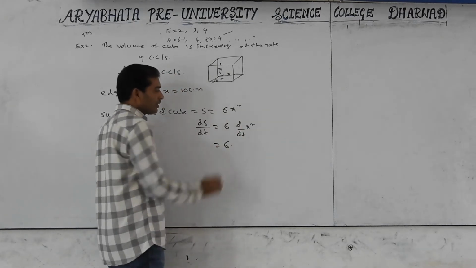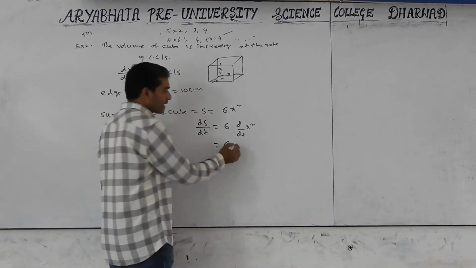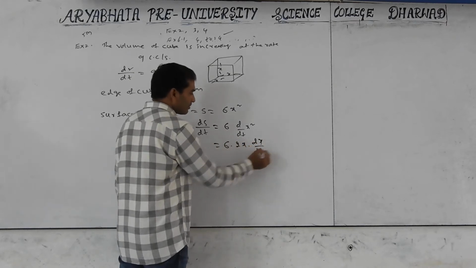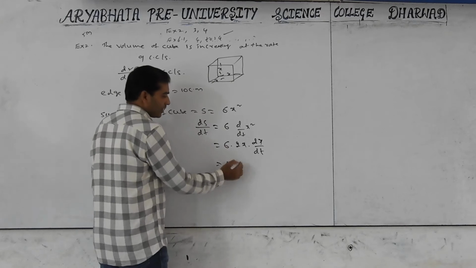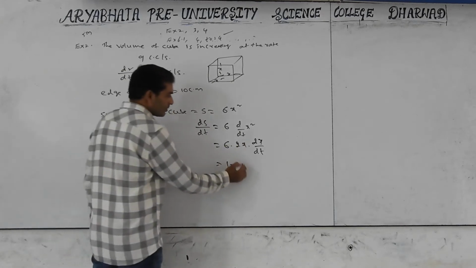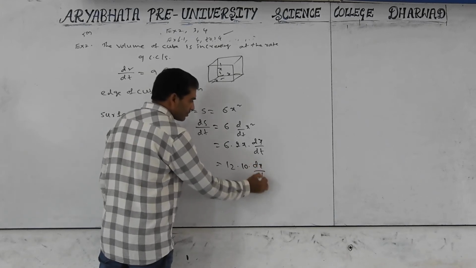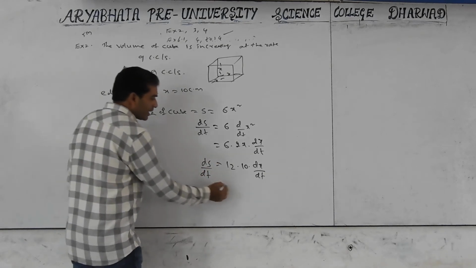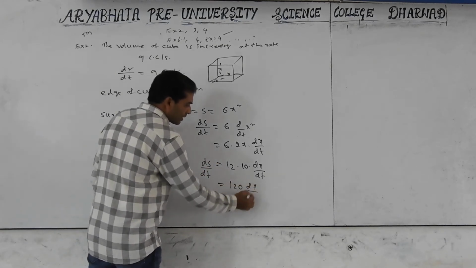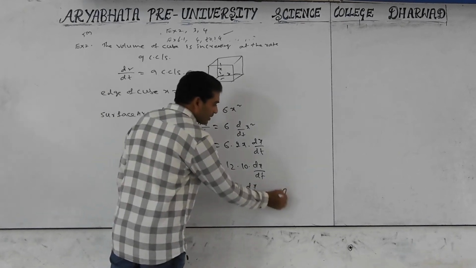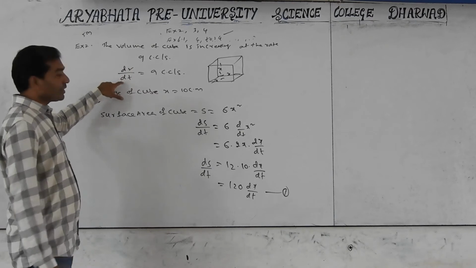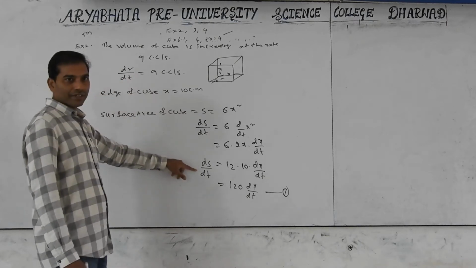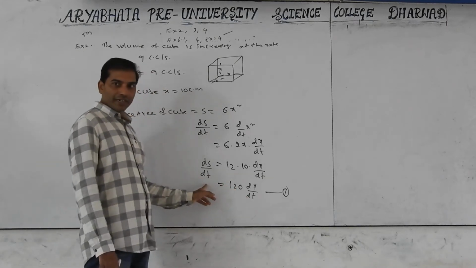So 6 into the differentiation of x square, which is 2x, into dx by dt. 6 into 2 is 12x, where x is equal to 10, into dx by dt. 12 into 10 is 120. dS by dt equals 120 into dx by dt. This is equation 1. But is dx by dt given? No, they gave dV by dt. So here there are two unknowns, dS by dt and dx by dt.